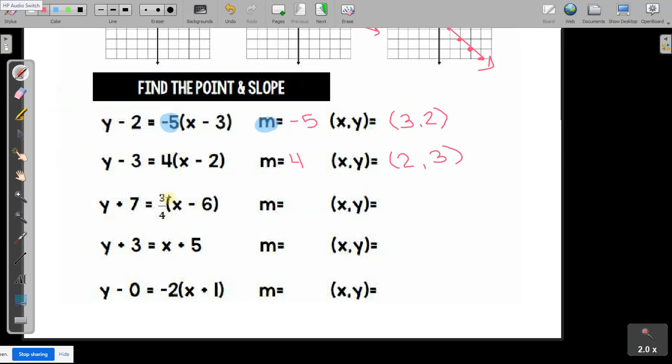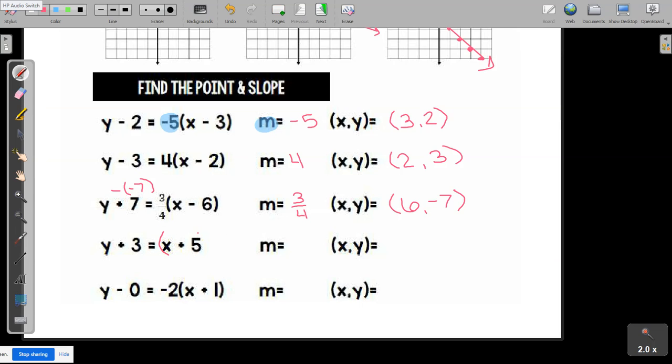Okay, let's check it. Our slope here is 3/4, and our point is 6, and then we have a plus 7. Think of that as minus a -7 makes that plus, so our y value is -7. Let's look at the next one. We have y plus 3 equals x plus 5. Here, we have no parentheses.